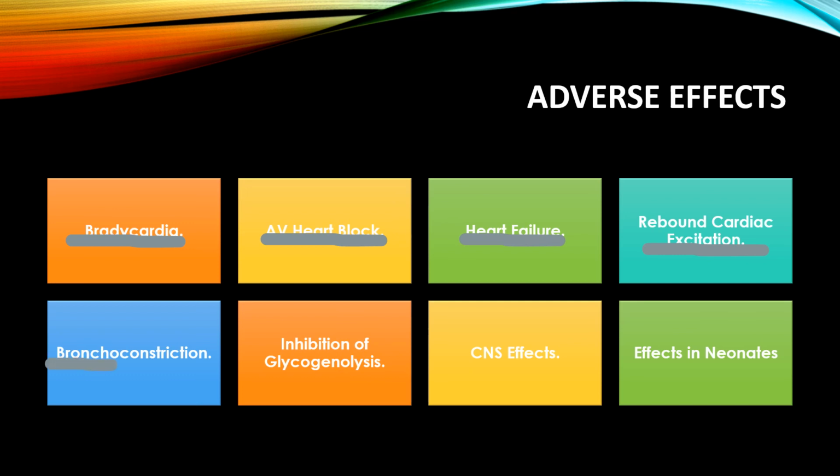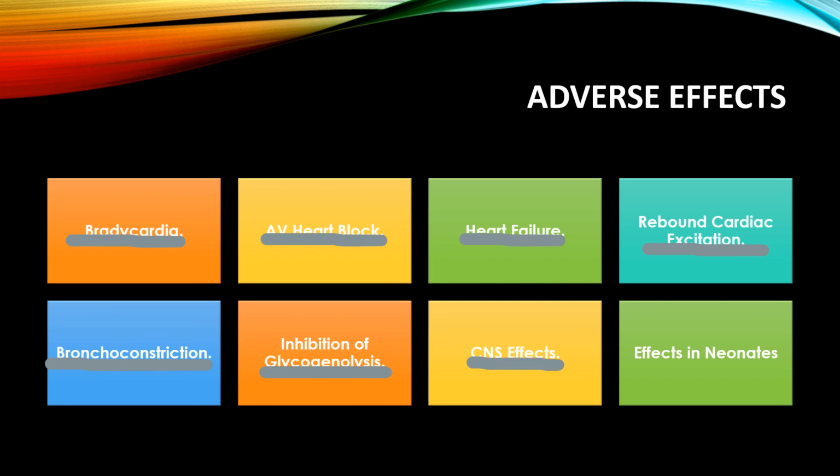Propranolol can also cause bronchoconstriction. Blockade of beta 2 receptors in the lungs can cause bronchoconstriction. Next will be inhibition of glycogenolysis. Blockade of beta 2 receptors in skeletal muscle and the liver can inhibit glycogenolysis.